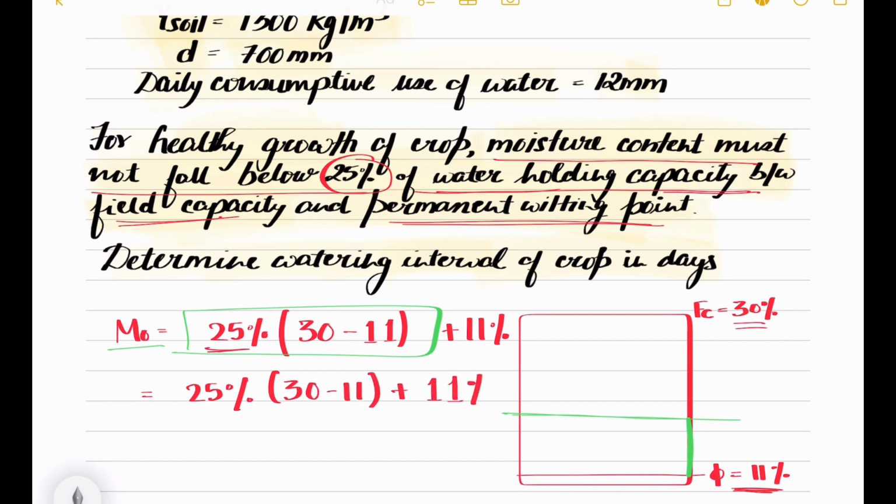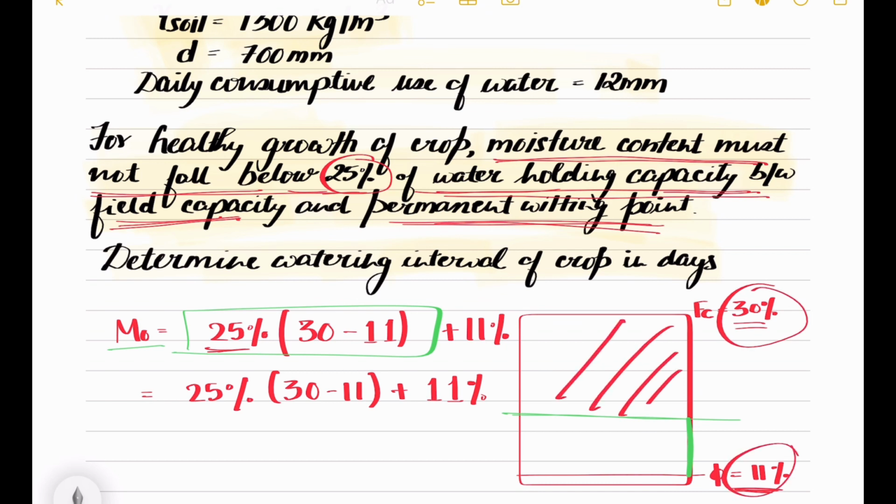I'll again repeat. The question says that the moisture content must not fall below 25% of the water holding capacity between field capacity and wilting point. 25% of whatever moisture content is stored in between, right? That is the value that we get, but the optimum moisture content must not fall below this. This means it must be above this wilting point. That's how we are going to get this moisture content level.